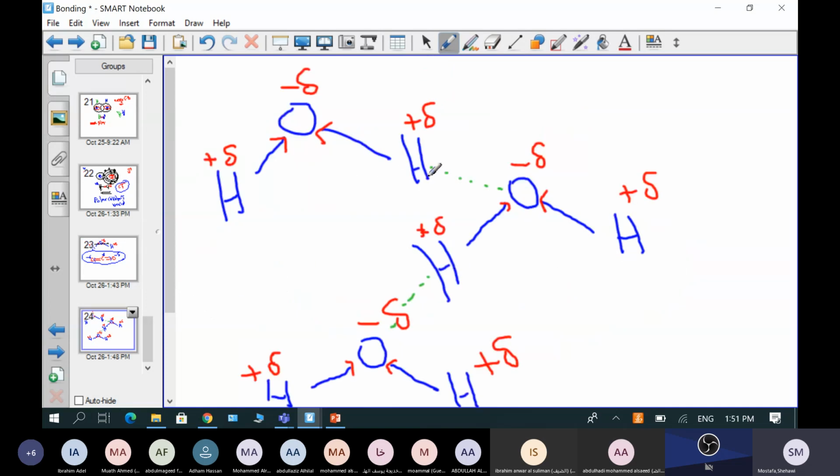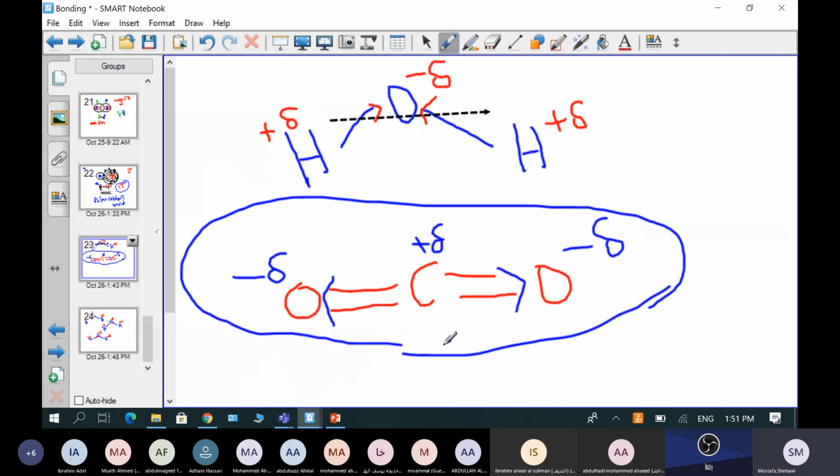A water molecule has a bent shape, and this makes the whole compound polar. While here, despite the bond between carbon and oxygen, the double covalent bond between the carbon atom and the oxygen atom being polar, the whole compound of carbon dioxide is non-polar because the attraction to the left cancels out the attraction to the right, because carbon dioxide has a linear shape.